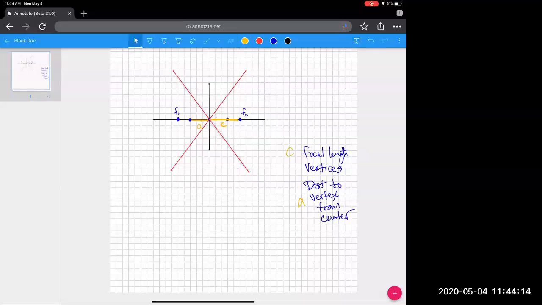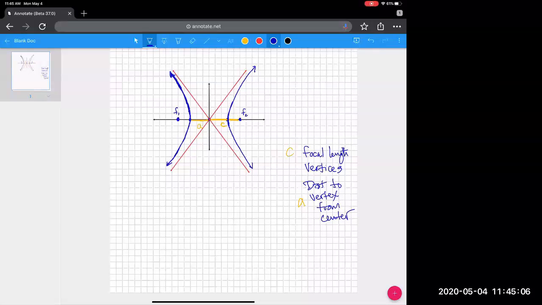Figured I'd draw them in first this time so that they come out a little better. So then my hyperbola will be points from the vertex that leave and come out and start to go asymptotically to these lines. Something like that.